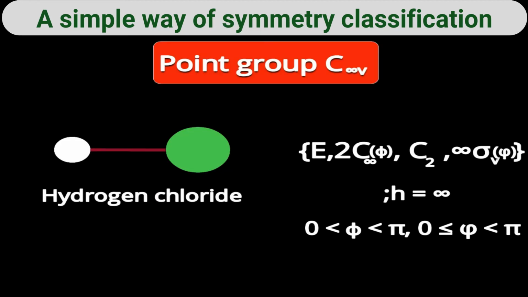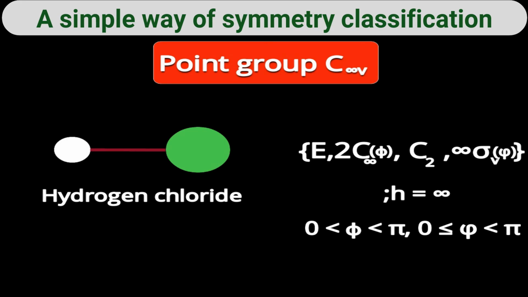One thing I would like to make clear, as chances of confusion are there. For the HCl molecule, I said there are no C2 axes, but during representation, I represented C2. Actually, whatever C2 is represented is not a separate C2 axis, it is the C infinity axis only.